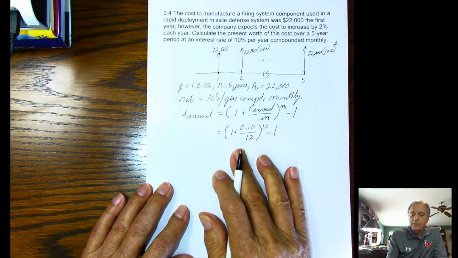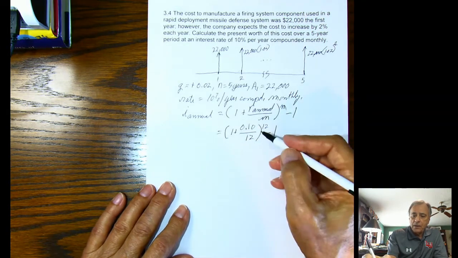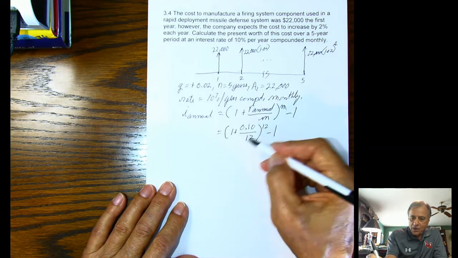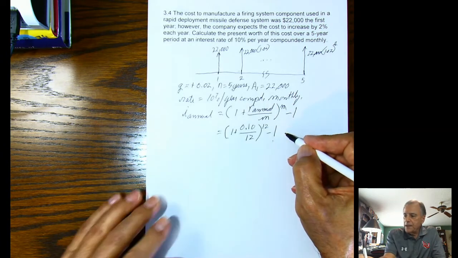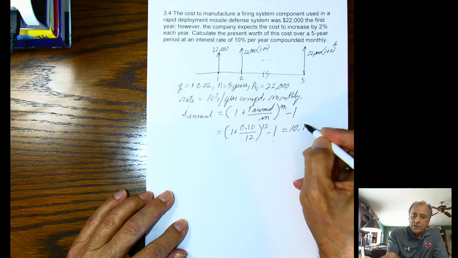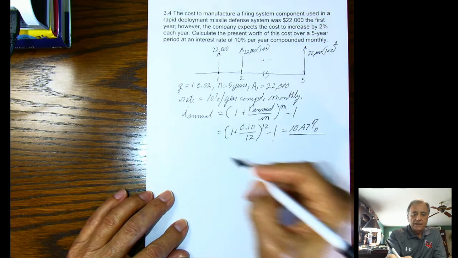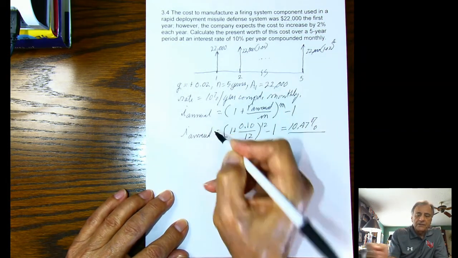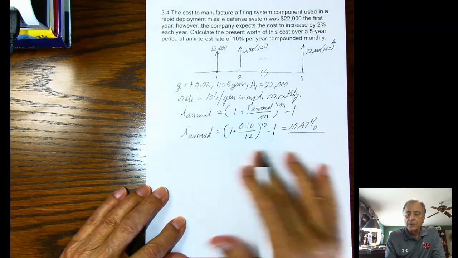So this is going to be 1.1 to the 12th power, 1 point something, this quantity, to the 12th power minus 1, which turns out to be, if you do the calculation, 10.47%. So that's the effective annual rate. And that's really the crux of the problem. After that, everything is pretty straightforward.